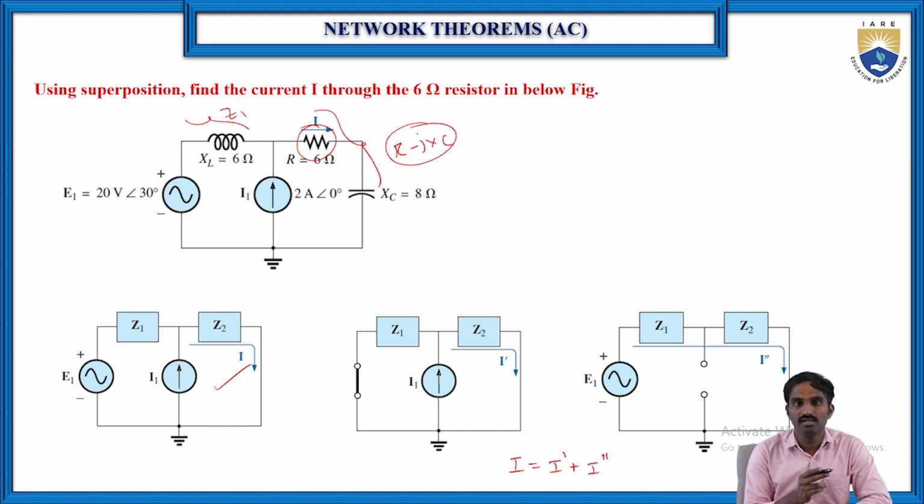So there I is equal to I dash minus I double dash, because the I double dash direction is opposite to the I direction. So that's why we made the equation like that. But here all the current directions, I dash and I double dash, are in the same direction. So here I is equal to I dash plus I double dash, right?